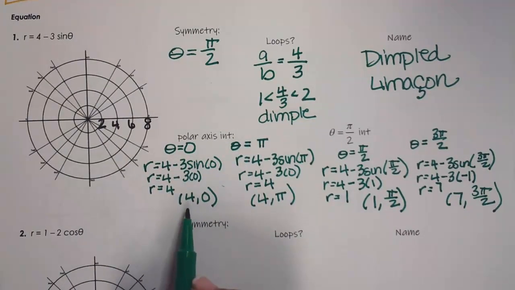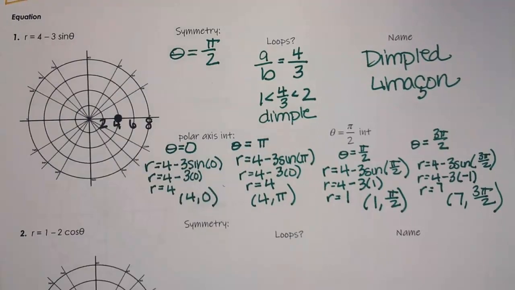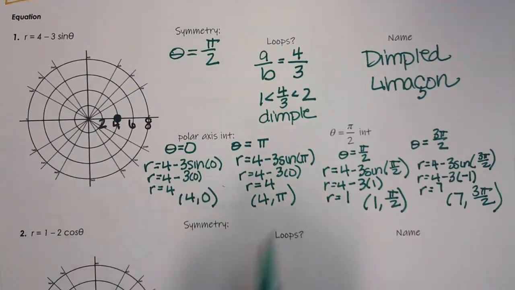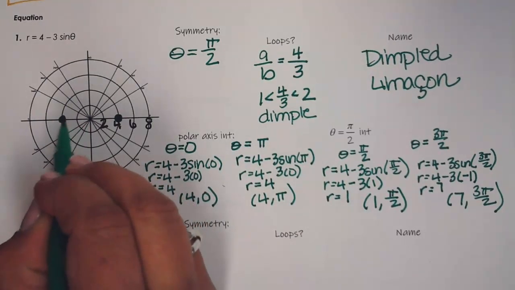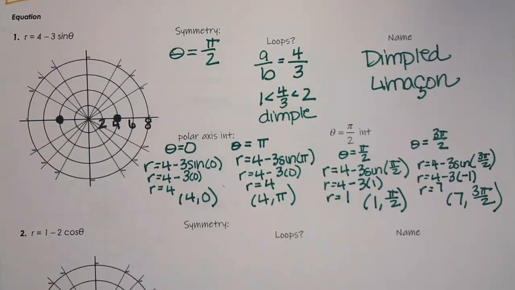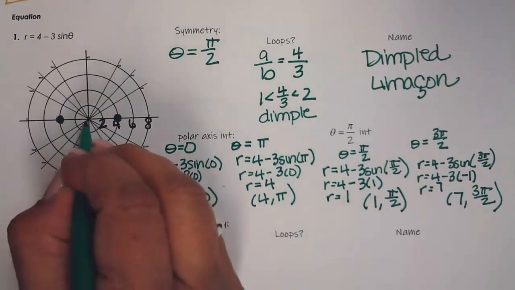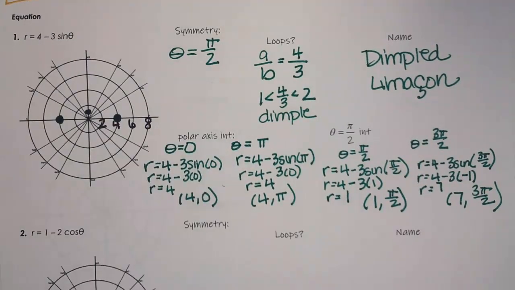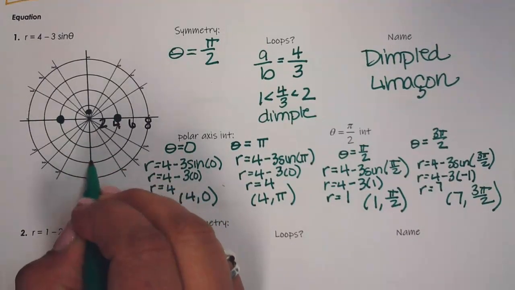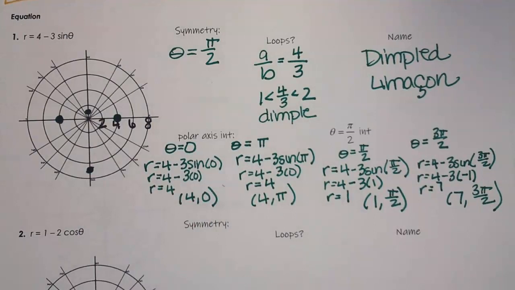And so 4, 0 is going to be over here on the right. 4, pi is going to be over here on the left. 1, pi over 2 will be up here. Remember, we went by 2, so I'm going in the middle. And then 2, 4, 6, 7, 3 pi over 2 would be here. Okay.